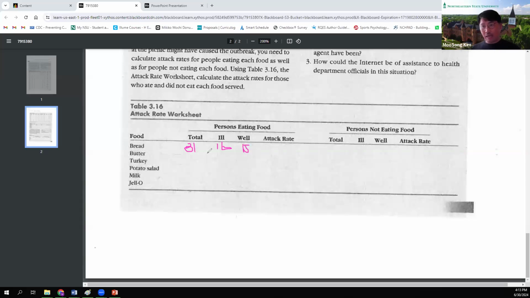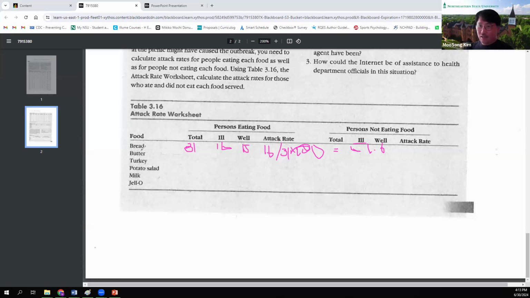How do we get the attack rate? Think about the formula: the number of people at risk who developed the disease, here 16, over the total number of people at risk. The people at risk is not 49, because for bread only 31 people ate it. So 16 over 31, times 100, you get 51.6 percent attack rate for bread.